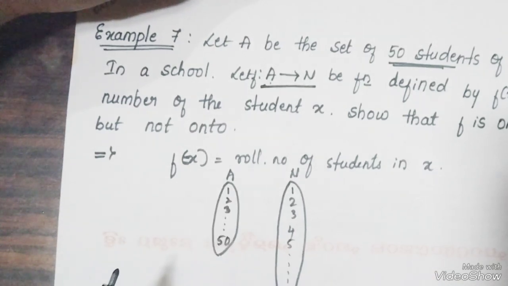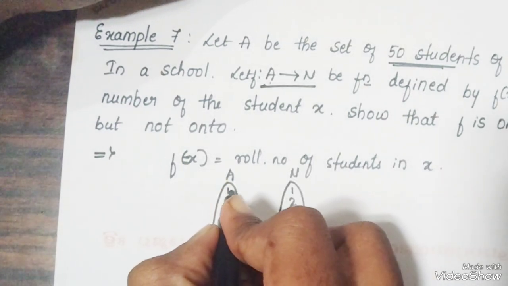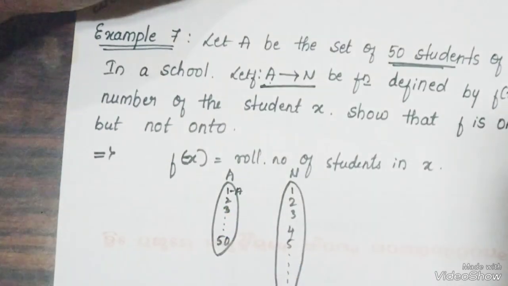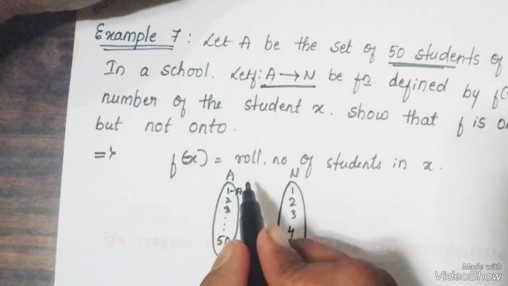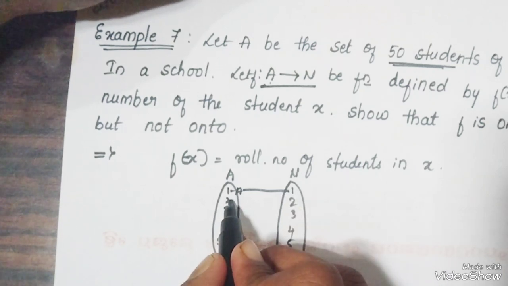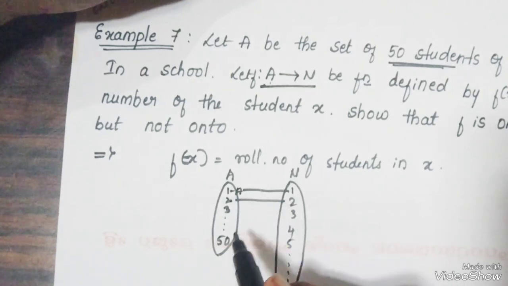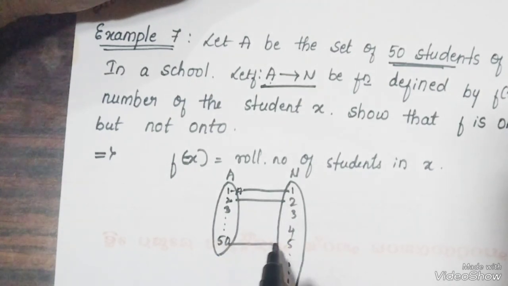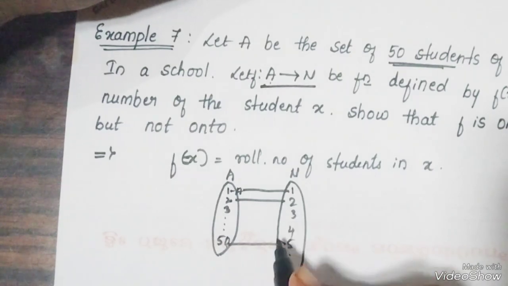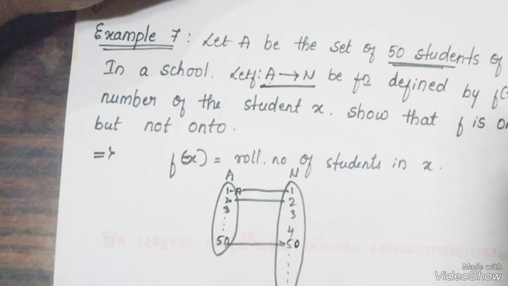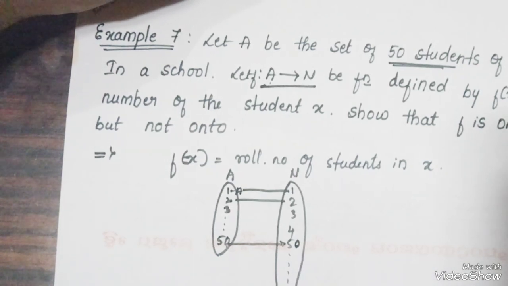For the first student, whose name starts with A, the roll number is 1. The second student's roll number will be 2. Similarly up to 50 students, every student has a roll number from 1 to 50. After that there is no student, because class 10 has only 50 students.